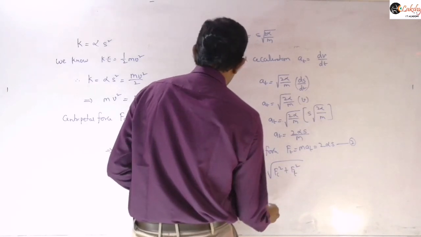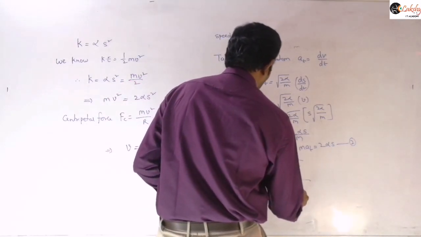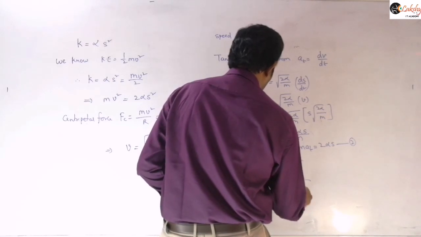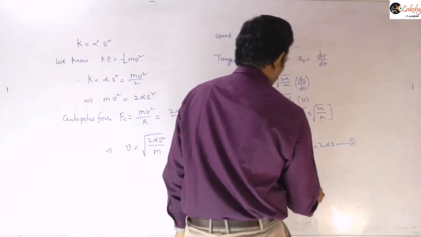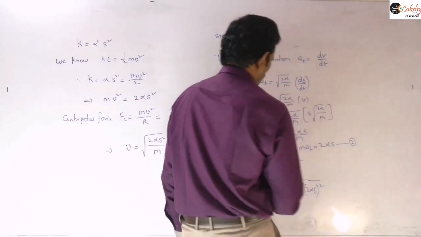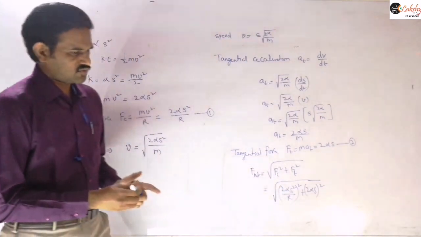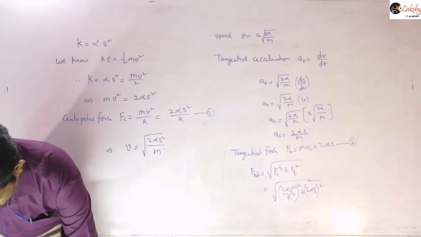And so then this value you can write as under root of 2 alpha s square by r whole square plus Ft, this is 2 alpha s whole square. So you can take common and simplify that. That depends on the options I am leaving there. So you can simplify that expression further.